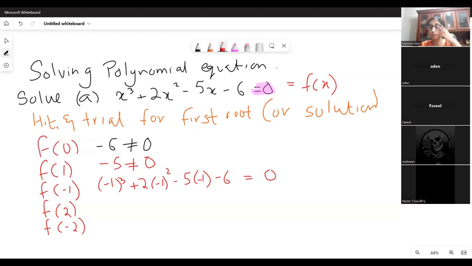So I found the answer, first answer. x is equals to -1 is a root.